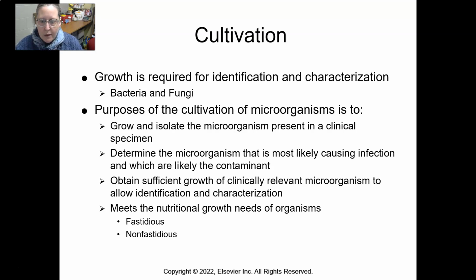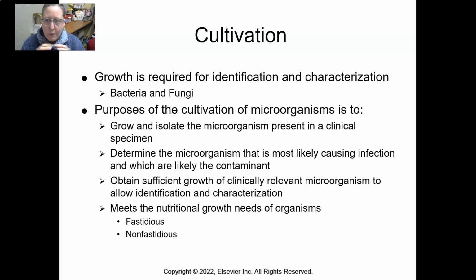And when we cultivate, we need to meet the nutritional growth needs of the organisms. So you have fastidious and non-fastidious organisms. And if these terms aren't familiar, think of fastidious as like fasting, okay? So fasting as in not eating. So fastidious organisms are the ones that are picky eaters, and so if you give them the wrong media, they'd be like, no thank you, I'm not going to eat that, I'm not going to grow, right?